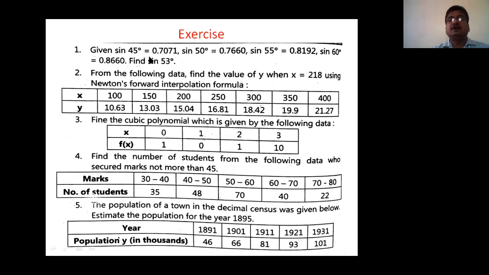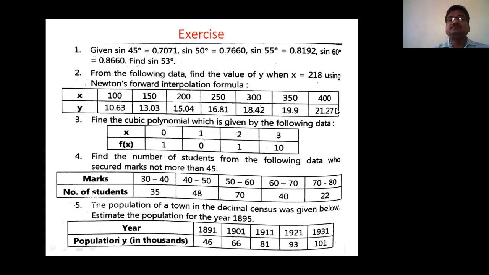Then prepare the forward difference table and solve the problem, find the value at 53. Similarly, we have to find the value in the second problem at 218, where the value of h is 100.